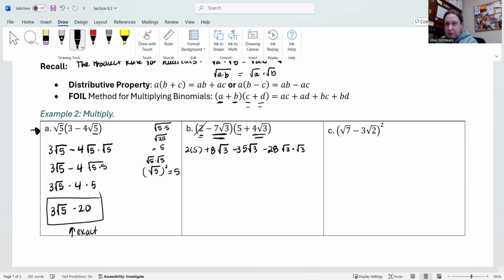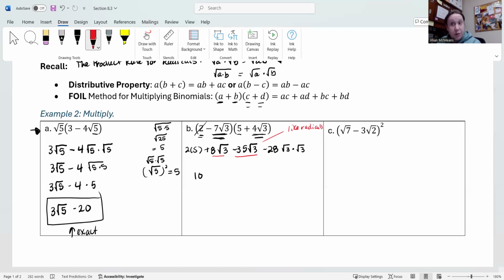So let's see if we can do some simplifying. I see 3 things we can do right off the bat. So first of all, 2 times 5 is just 10. So that's easy. 2 times 5 is 10. Now, when I look at the middle 2 terms, I have 8 square root 3 minus 35 square root 3. Those are called like radicals. We talked about that in the previous video. So like radicals can be combined. We treat the radical expression like a variable.